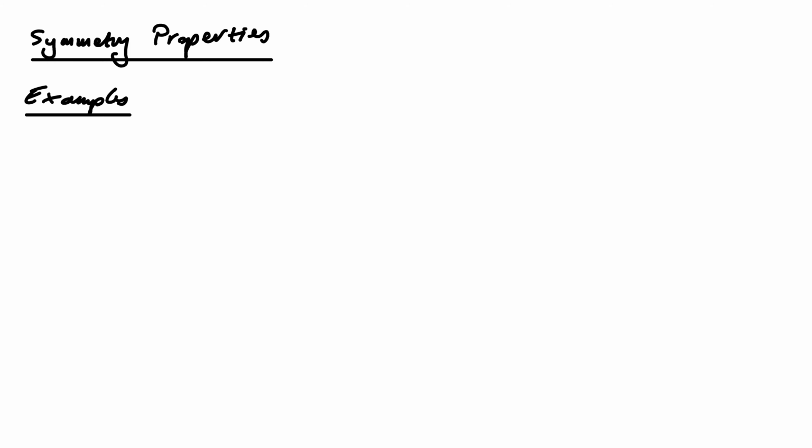So again, let's draw two graphs of potential functions. Okay, so let's take one graph that has a certain type of symmetry as follows. Forgive me while I try to do this.